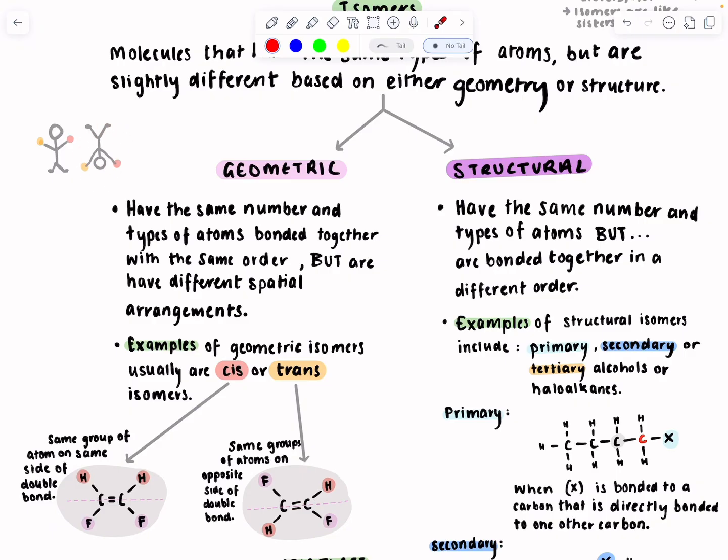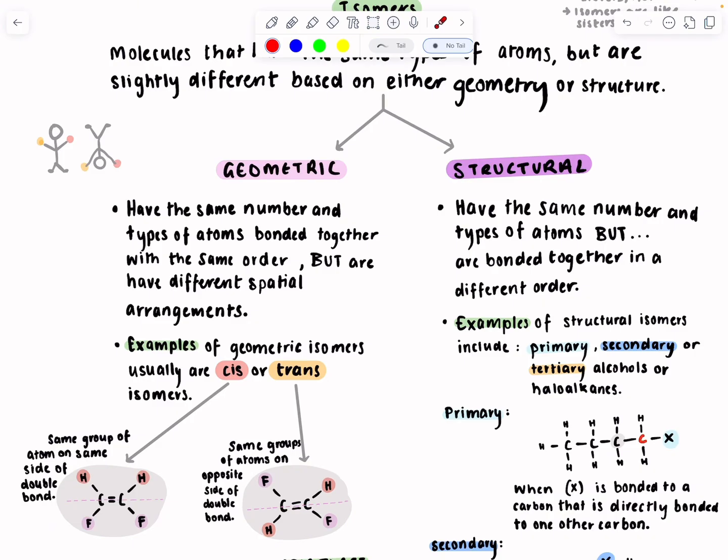So the 3D spatial arrangement is the thing that's different about these two stick figures. This is why they're geometric isomers, because of the 3D spatial arrangement differences. The number and type of atoms and the bonding pattern is the same. So this is a very loose example of what a geometric isomer is.